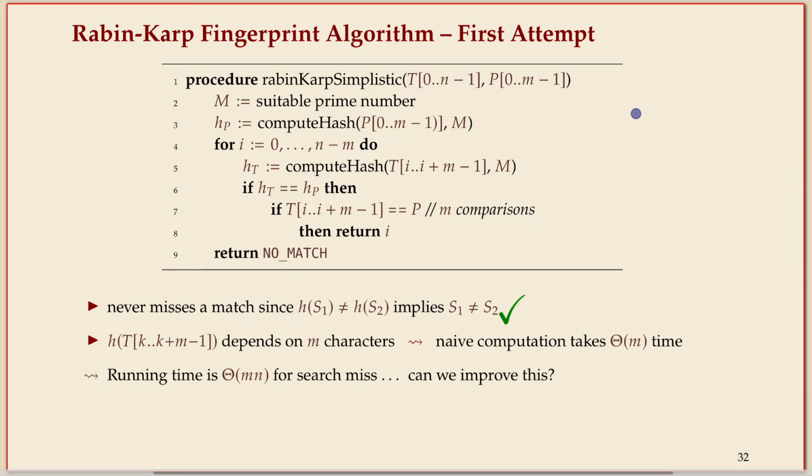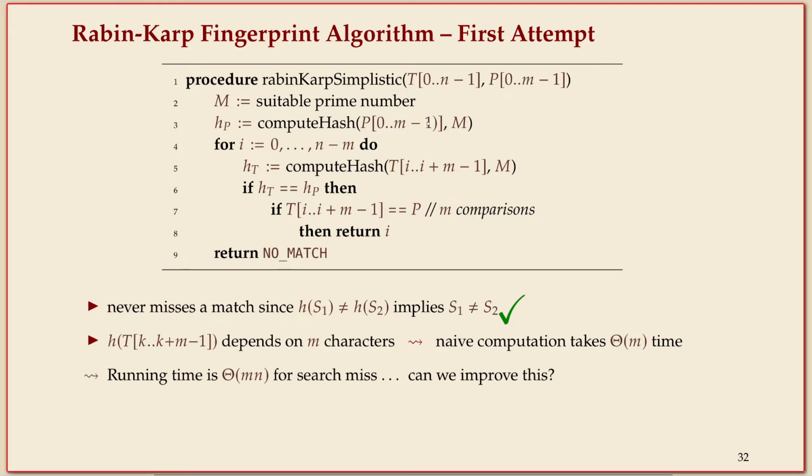If we directly implement this, we might come up with something like this. There's a black box that computes the hash for now. I apply this once to the pattern initially. And then for every guess, I apply it to the portion of the text from i up to i plus m minus 1. So it's the portion of the text that could match the pattern.